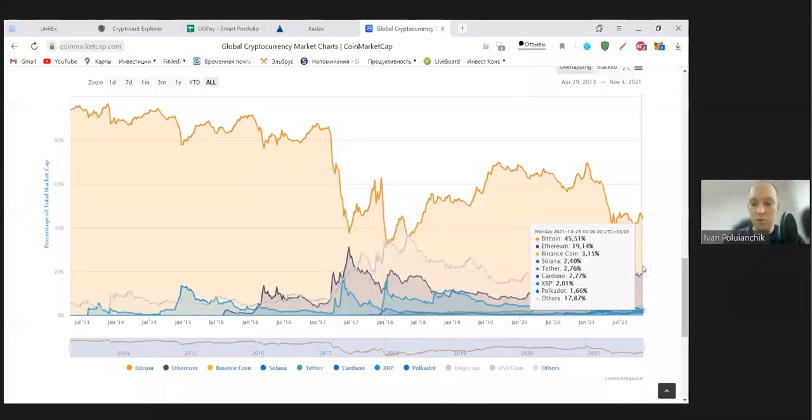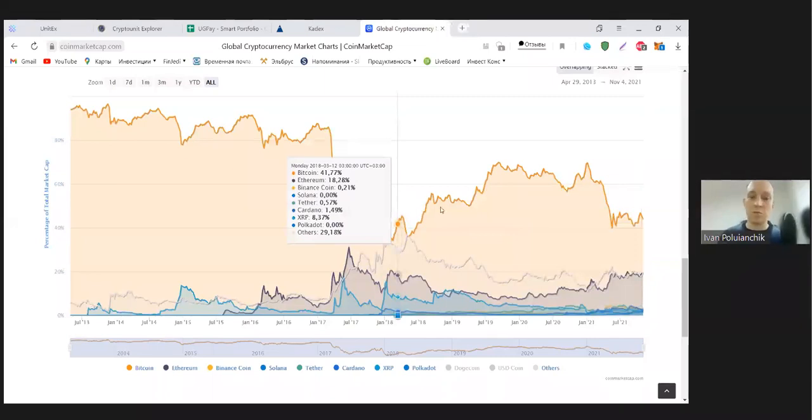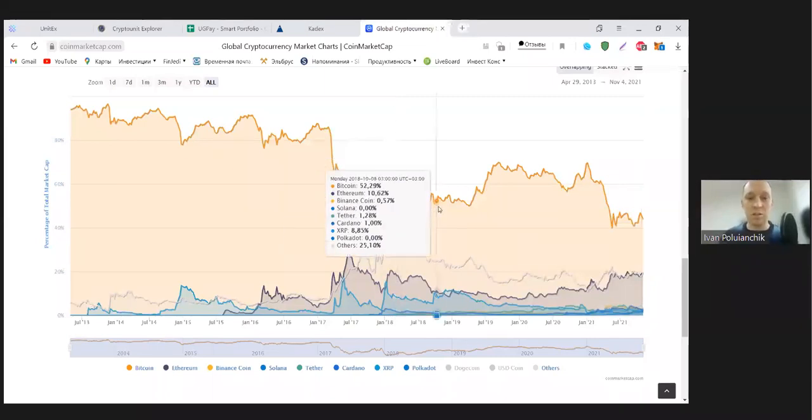But here there are two stable coins, USDC and Tether. If you exclude them, then the situation will be different. Stable coins do not change in price, whereas the others do change in price.